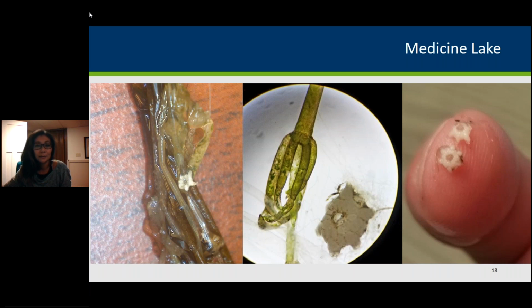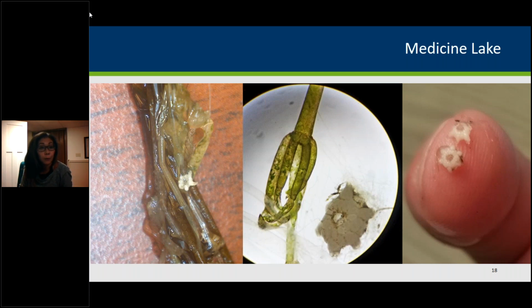All right, moving into Medicine Lake. It is one of the only known water bodies in our work area that's infested with starry stonewort to date. It was discovered back in late July of 2018 by watercraft inspector staff, who found it on a fishing boat after it was coming off the lake itself.